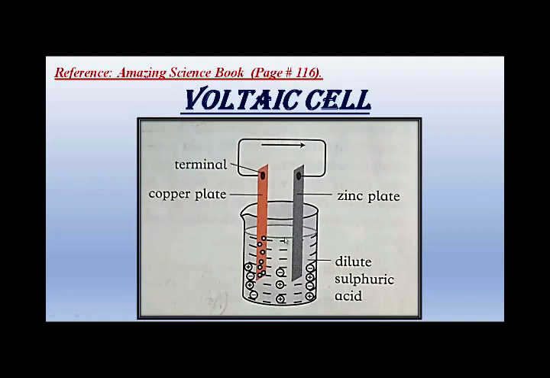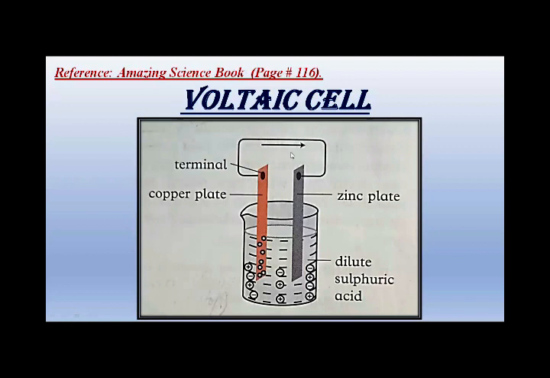For the process, when the electrodes, meaning the copper plate and zinc plate, are connected with the copper wire, electric current begins to flow in the circuit.